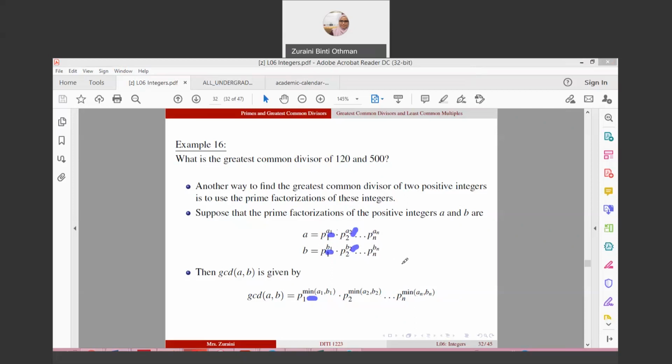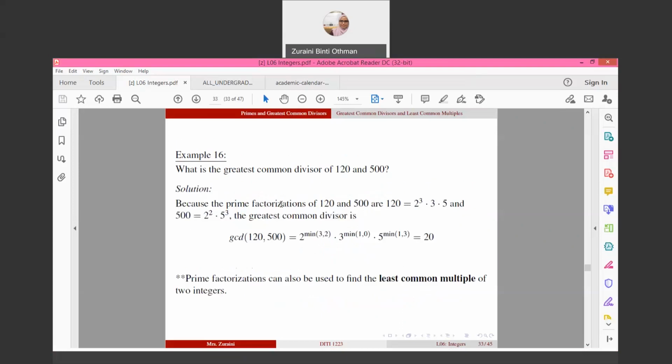Okay, so for example here, example 16, contohnya kat sini. Kita nak cari greatest common divisor for 120 and 500. Okay, so now here, kita tahu bahawa 120 dia punya prime factorization. Macam mana cari prime factorization?